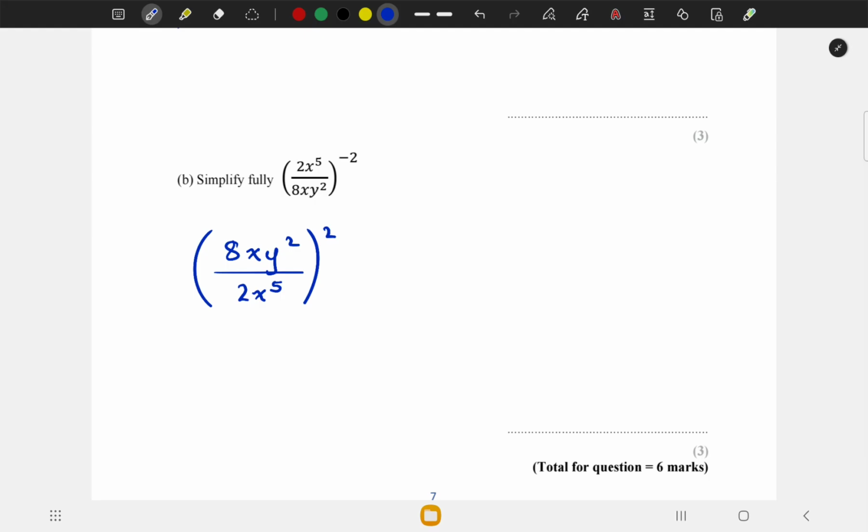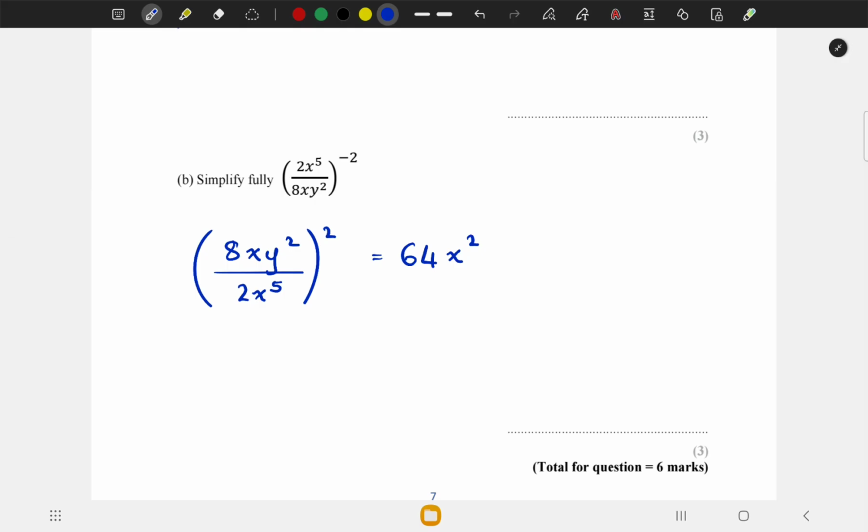Now, because this power is outside the bracket, remember, it applies to everything inside the bracket, which means each and every term is going to be affected by it. So I start by raising 8 to the power 2. 8 raised to the power 2 gives me 64. X raised to the power 2 gives me x squared. And then y squared raised to the power 2.